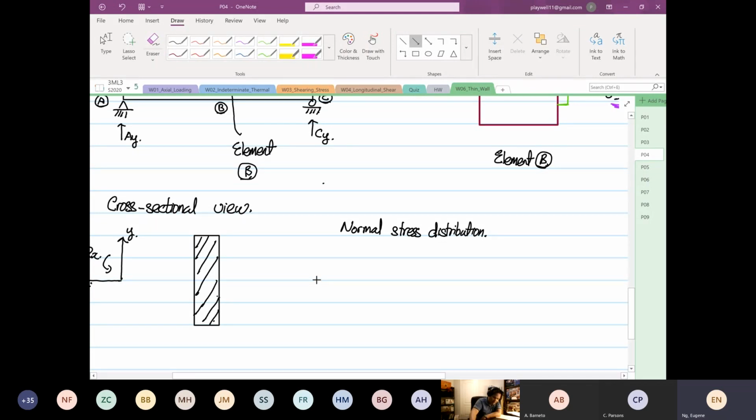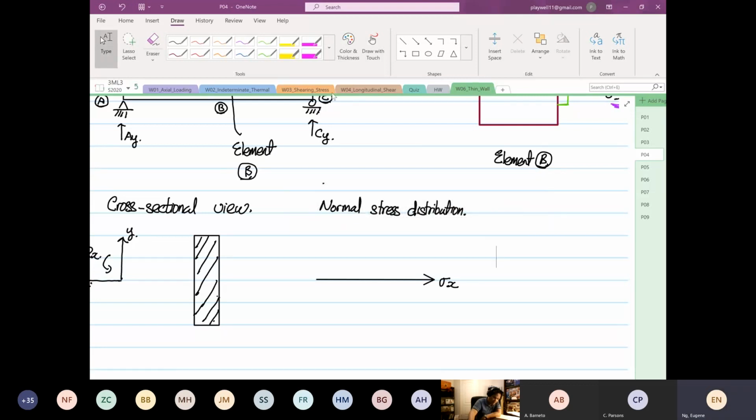So on this axis over here, this is our stress in the X direction, right? Stress in the X direction. Then over here, this is our Y. I'm trying to eyeball this straight.